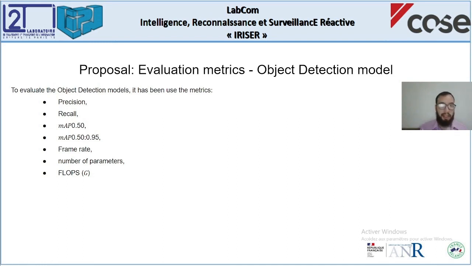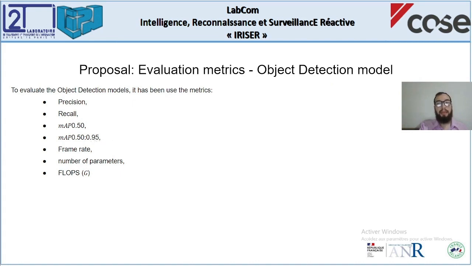To evaluate the object detection models, we used metrics such as precision, recall, and mean average precision at 0.5, and also between 0.5 and 0.95.